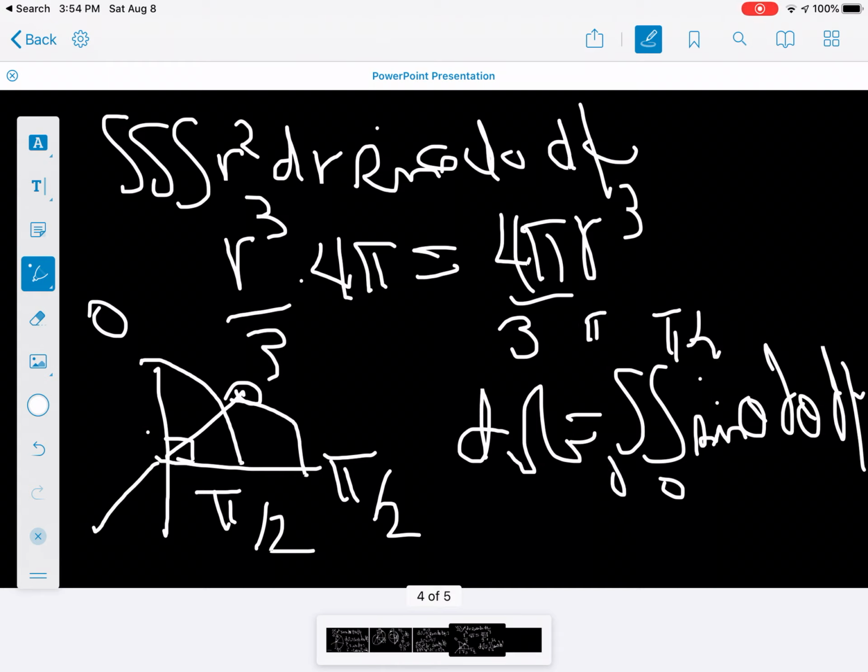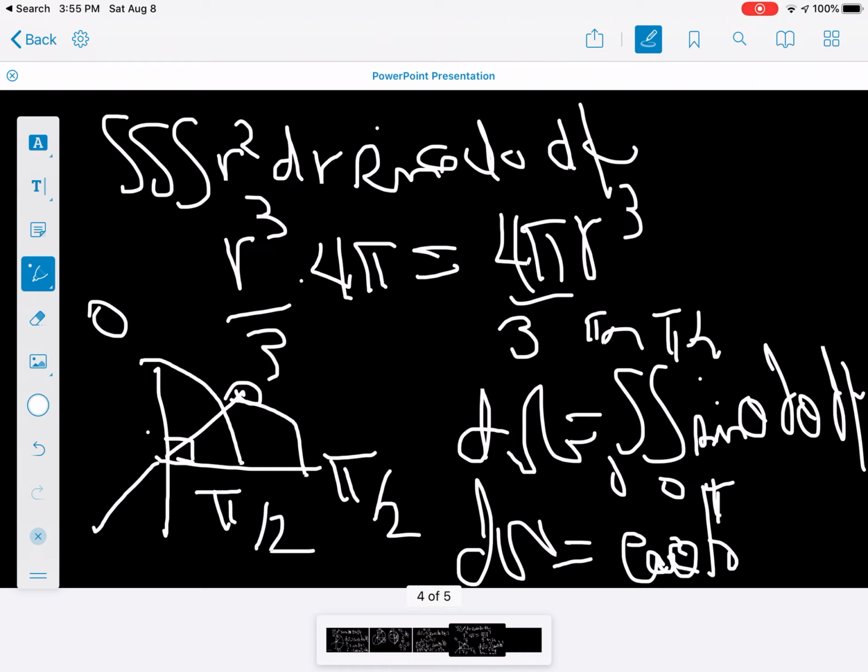The integral of sine is minus cosine theta from 0 to pi by 2, and you also get the phi part going from 0 to pi by 2, which gives pi by 2. You multiply that together, this is minus 1, you just get pi by 2.